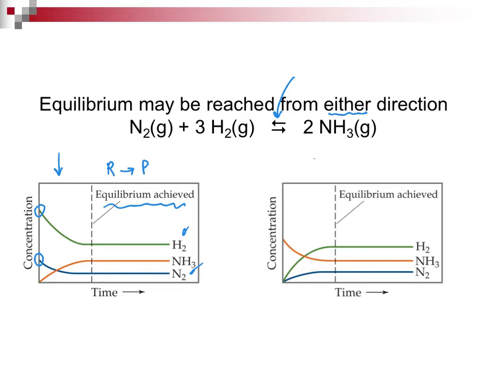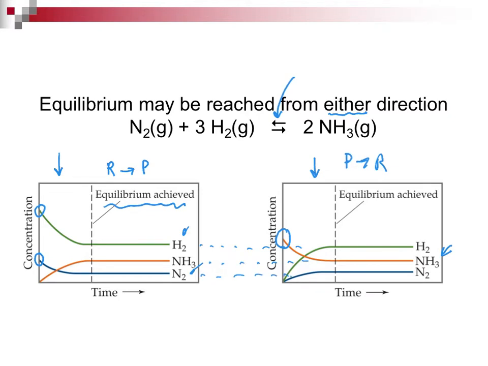What do I have on the right-hand side? Well, on the right-hand side, I have the orange, and the orange represents ammonia. Ammonia is going to go away as the reaction proceeds in the reverse direction. I have products going to reactants, but notice what has happened. In both cases, when I achieve equilibrium, the concentrations are the same.